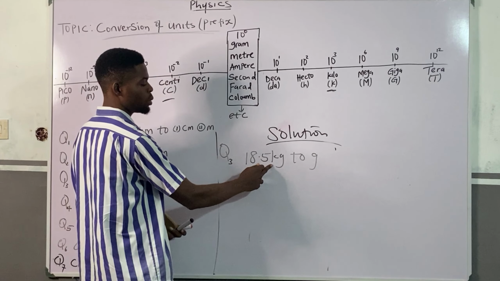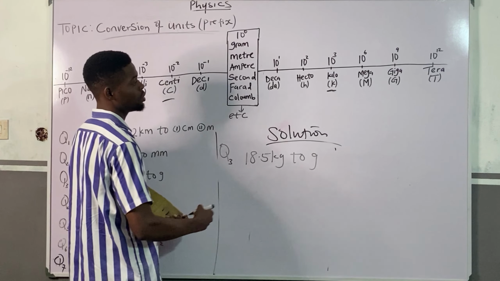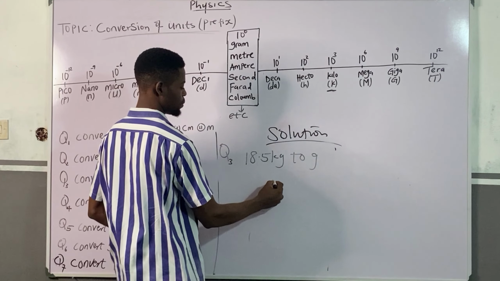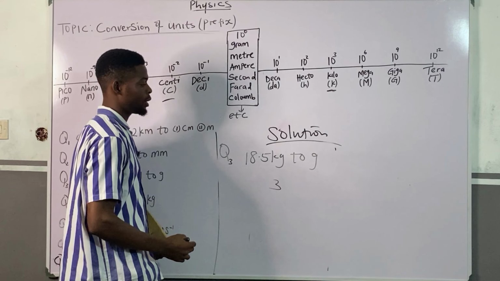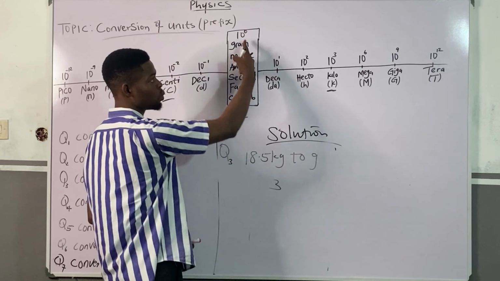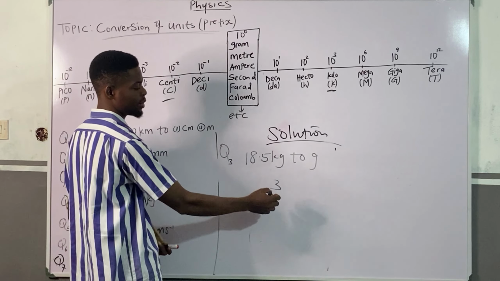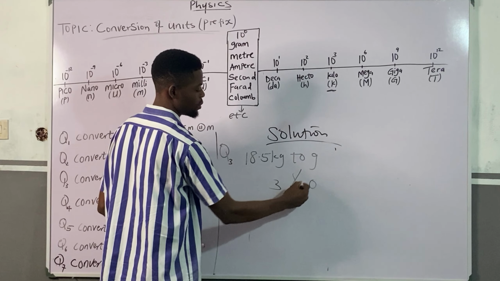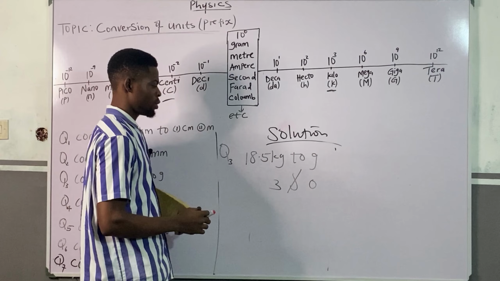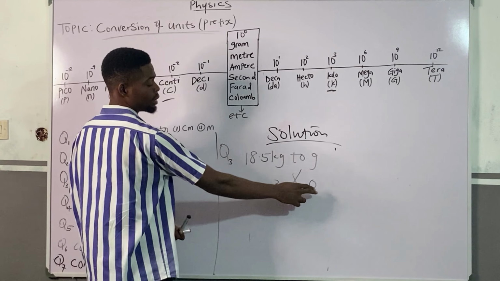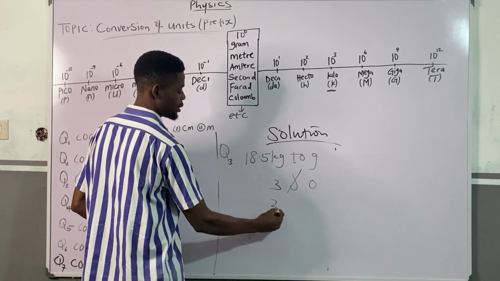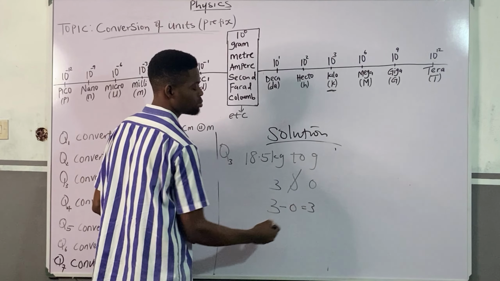Now the kilo here is power 3. Then gram is one of the base units here, so it is power 0. So we have 3 and 0. What is the positive difference between this and this? Of course, we have 3 minus 0, which is equals to 3.